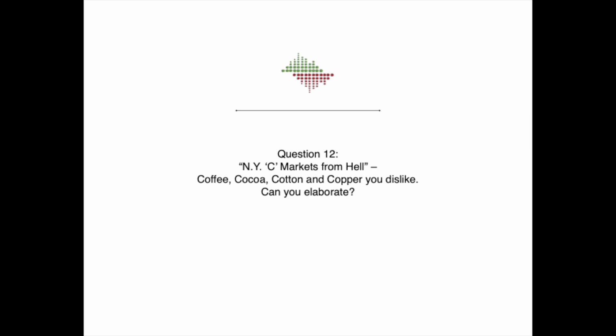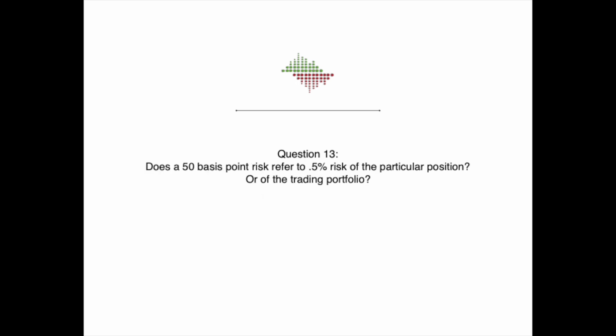Does a 50 basis point risk refer to 0.5% risk of a particular position or the trading portfolio? Neither. It's not, okay, I buy a Berkshire B at 226, so I'm risking 10%, which is 22. It's not like I'm risking 0.5% of the underlying value.